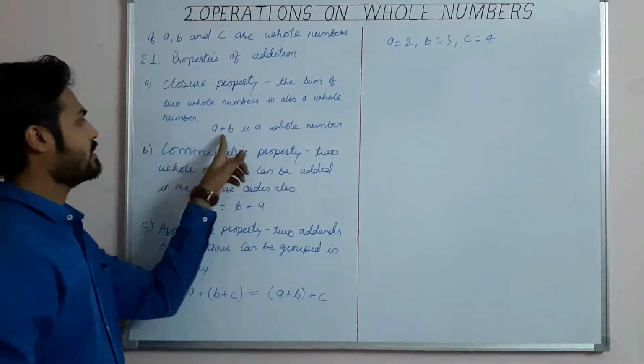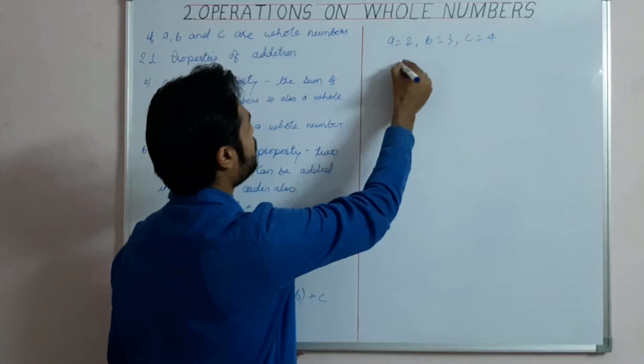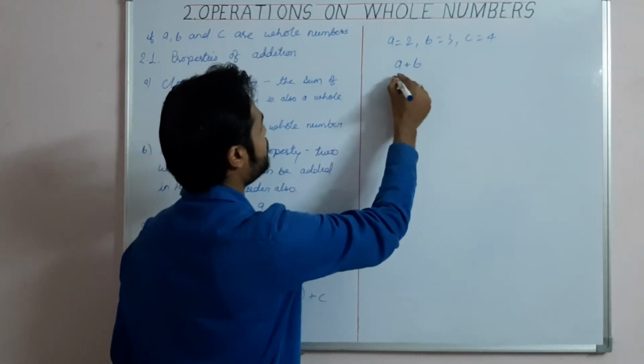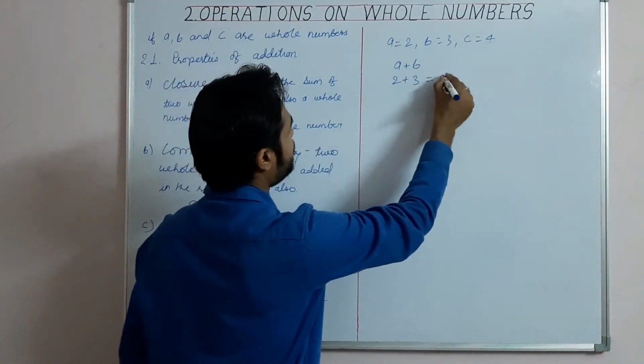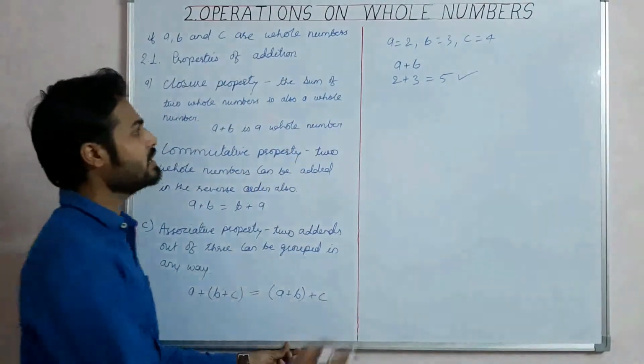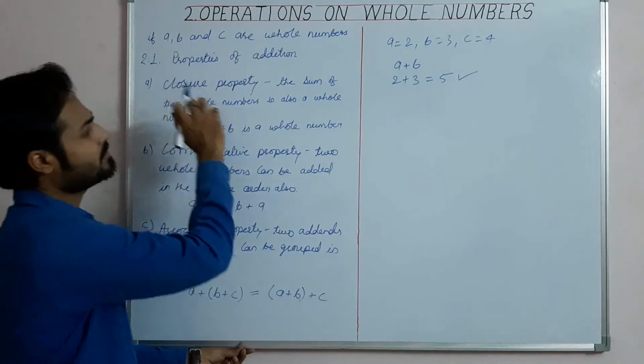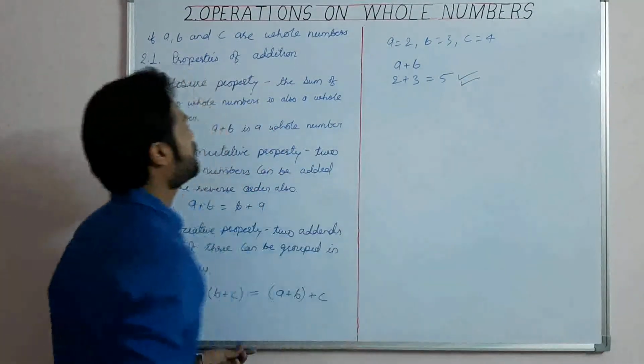Now we can check whether A plus B is a whole number or not. A plus B, 2 plus 3, is 5. So 5 is also a whole number, and we can conclude that addition is closed.